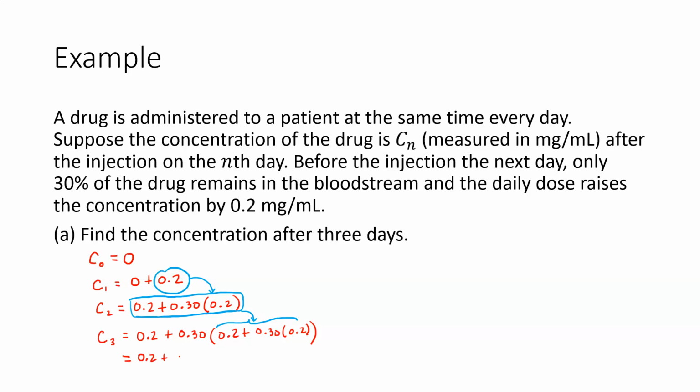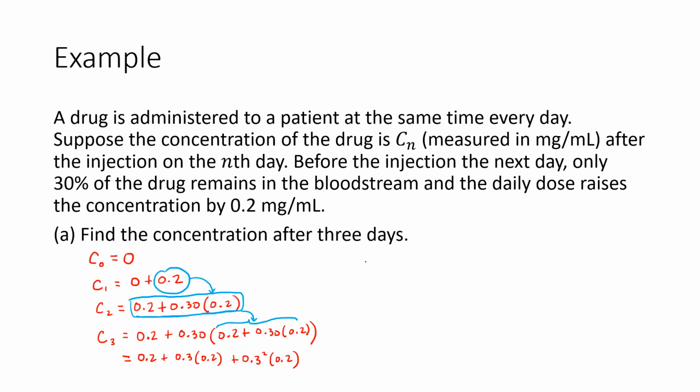So it's 0.2 plus 0.3 times 0.2, and then here we'd have 0.3 times 0.3, so 0.3 squared times 0.2. If I were to do another day, it would be adding in another term, 0.3 cubed times 0.2.